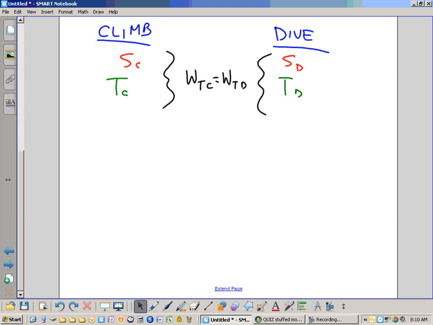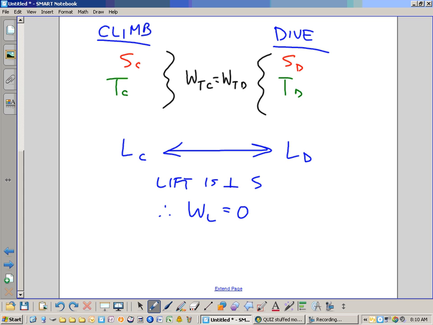The lift force is even easier, right? The lift force in the climb and the lift force in the dive, we know they're the same, but you know what else? We don't care about it. Why? Lift is perpendicular to displacement. Therefore, the work done by lift is equal to 0.